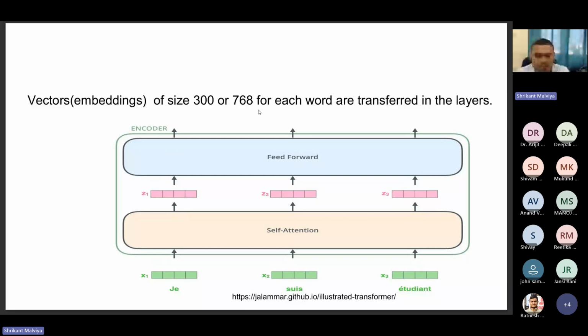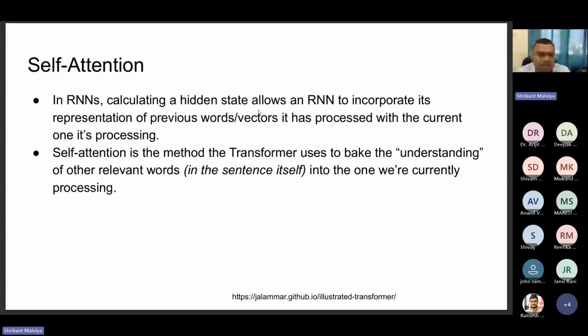In an RNN, calculating a hidden state allows the RNN to incorporate its representation of the previous words it has processed with the current one it's processing. So it uses the previous representation in the sequence to generate the current one.